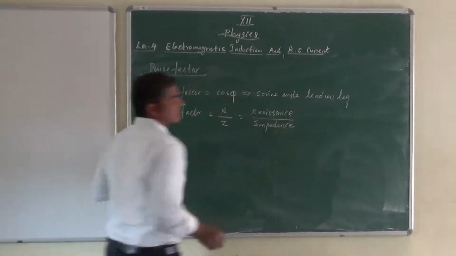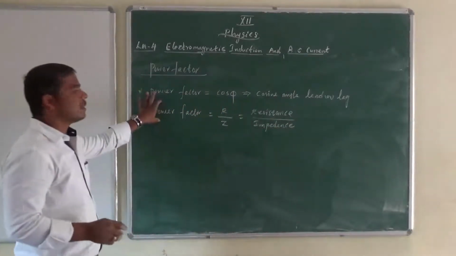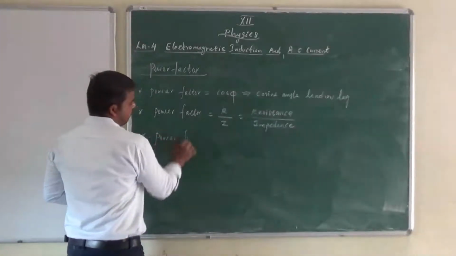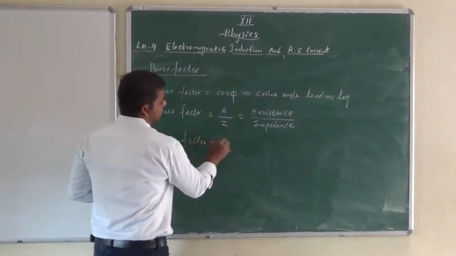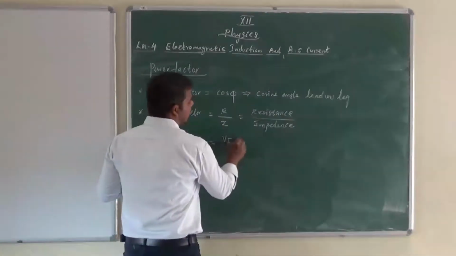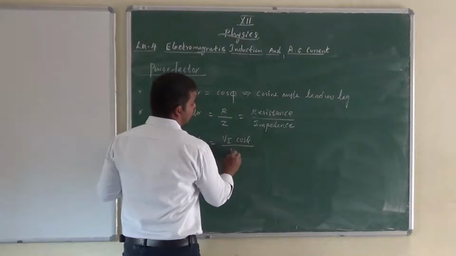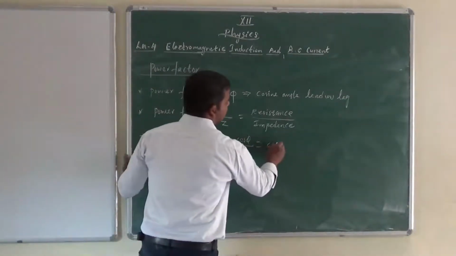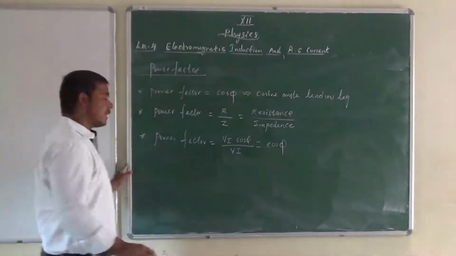Isn't it? Am I correct? This also represents the power factor. And power factor we can also write as VI cos phi by VI, so we will get cos phi if you cancel that. So this is also the power factor.